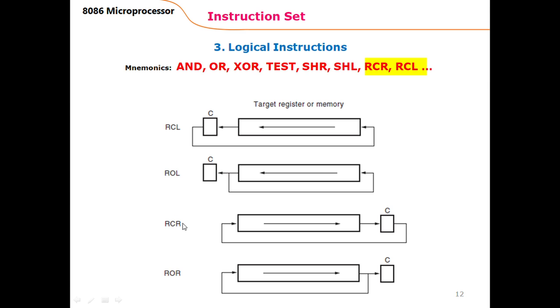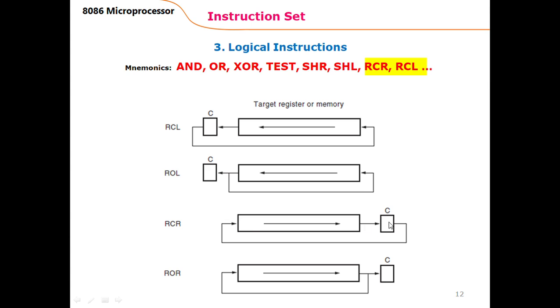And similarly, with the rotate right, we have rotate right through the carry. So with each place rotation, the rightmost bit is moved to the carry, and the carry bit is copied to the leftmost bit or most significant bit of the value.